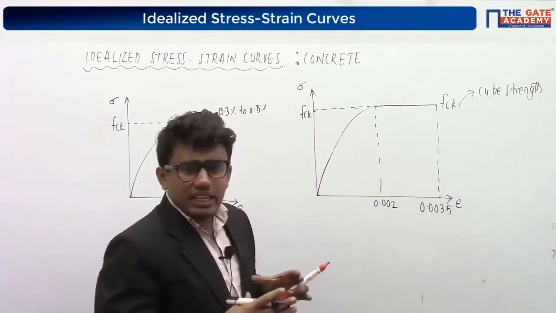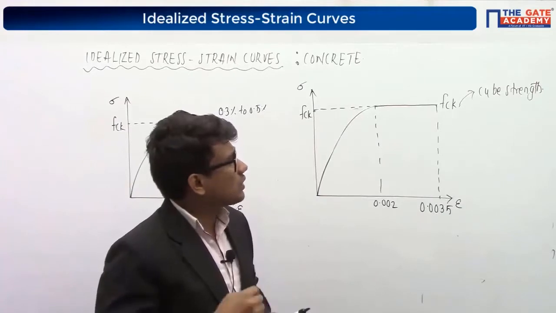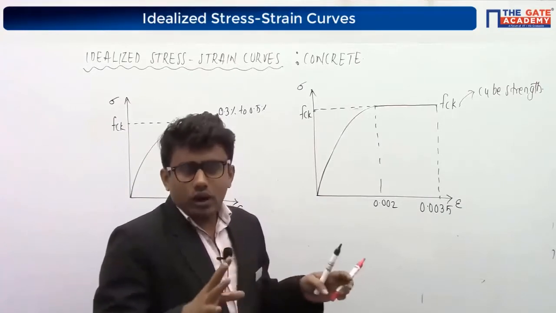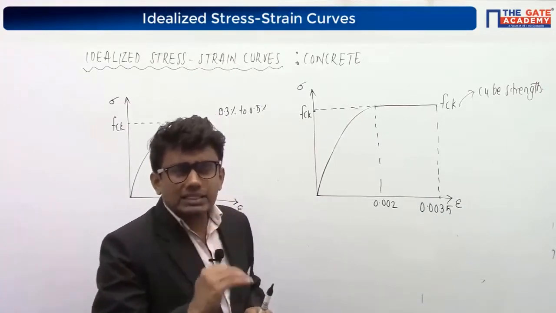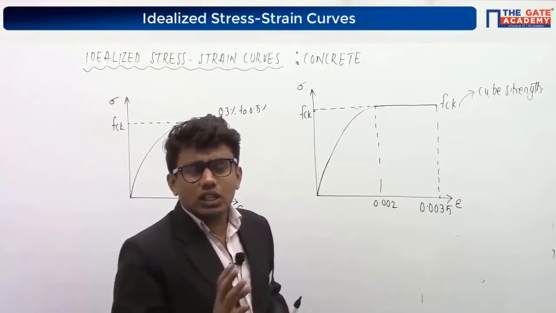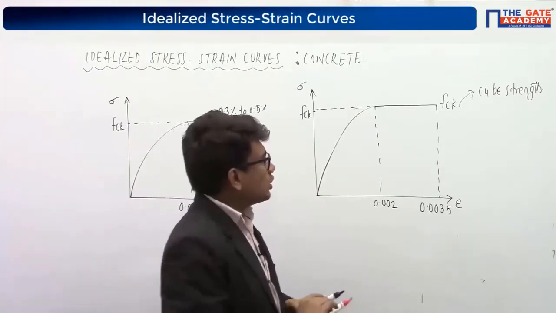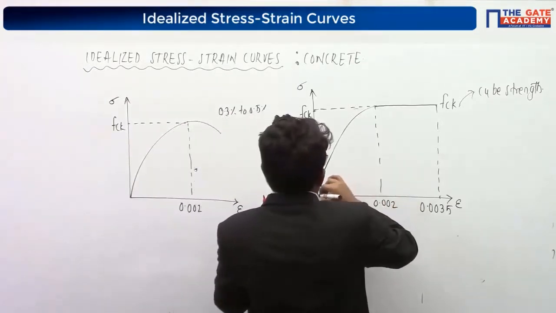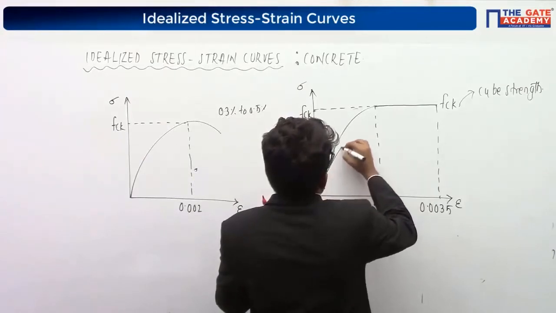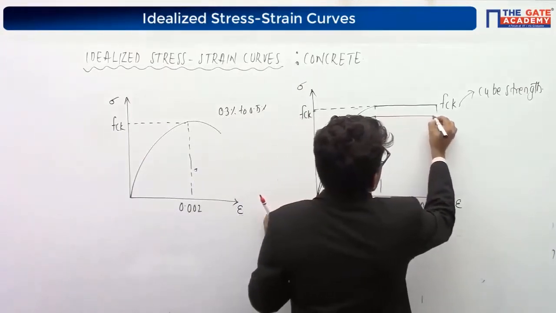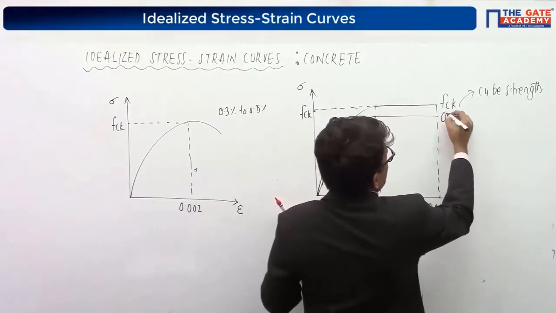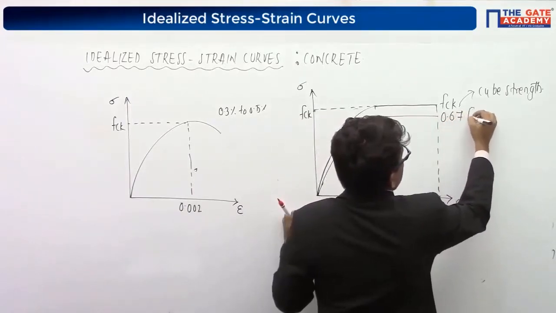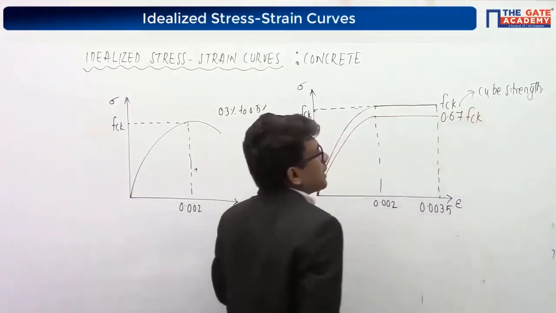Generally it is observed that the compressive strength of the concrete structure will be a bit lesser than the compressive strength of the cube I obtained. It will be around 33% less, or I can consider 67% of this characteristic compressive strength.